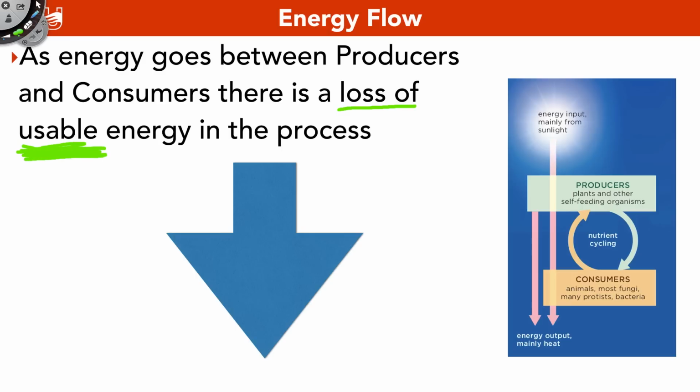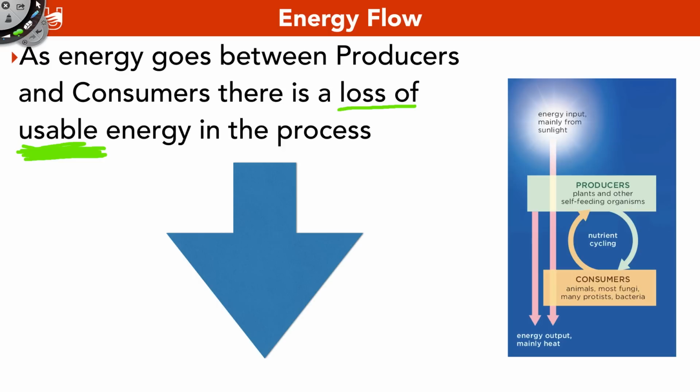Okay, not all energy is of equal quality, right? And we said that before, that there's more concentrated forms and there's less concentrated forms, right? Gasoline and sugar, that's highly concentrated usable forms of energy.